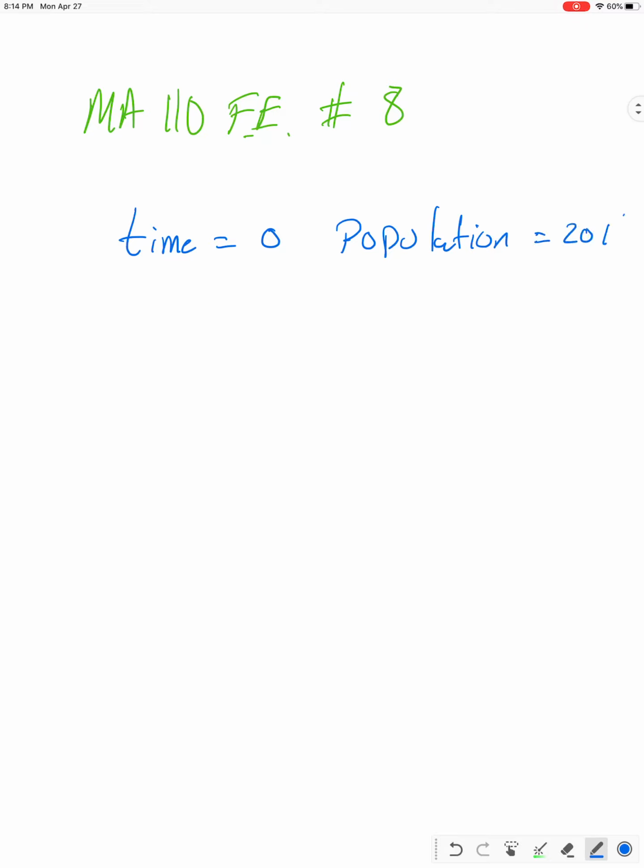So when time equals 0, the population equals 20,000. If I wrote that as an ordered pair of t comma p, I would get 0 comma 20,000.